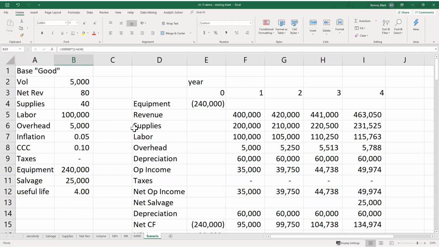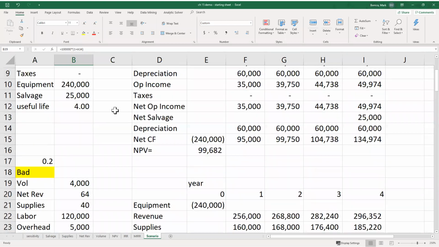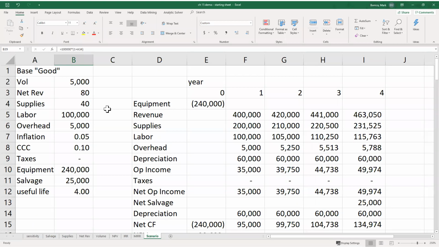All the other stuff doesn't matter what happens with them. Well, we hadn't worked labor. So what really matters, it appears to us, is where we want to be careful: our assumptions about volume, our cost per visit in terms of supplies, and our revenues per visit.